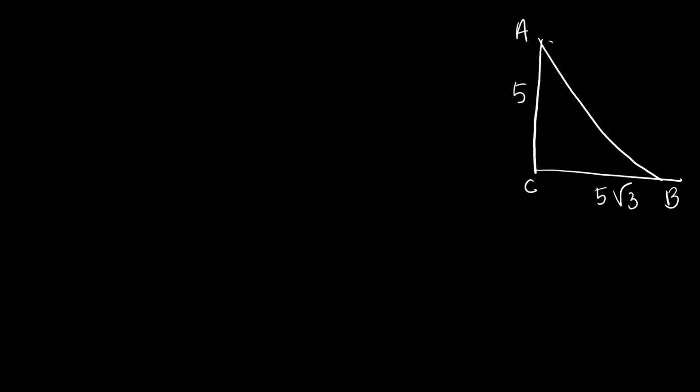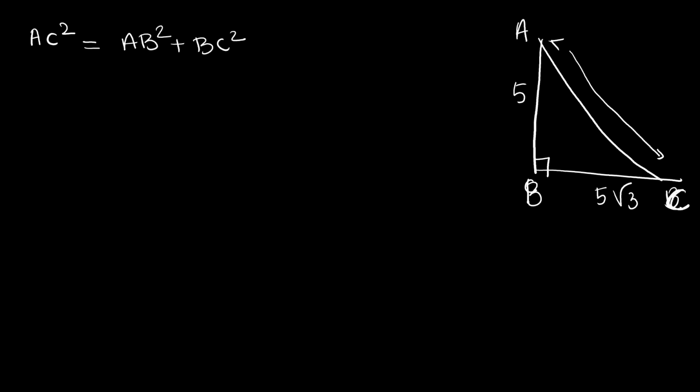Now we have to find AC. Therefore by Pythagoras theorem, AC square equal to AB square plus BC square. AB is 5, therefore 5 square plus BC is 5 root 3 and its square.